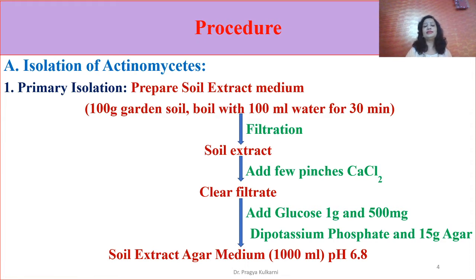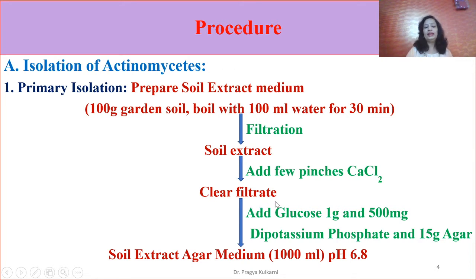This soil extract has a turbid coloration. So to remove the turbidity, a few pinches of calcium chloride are added, and after the soil particles settle down, a clear filtrate is obtained.